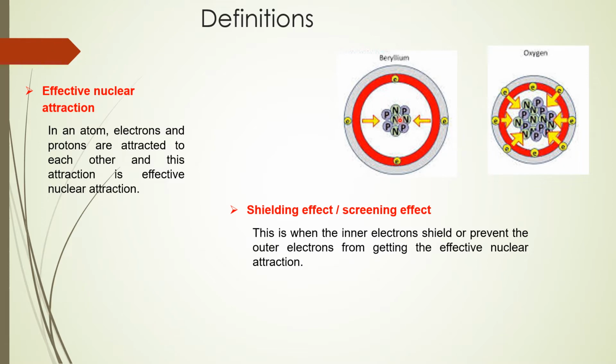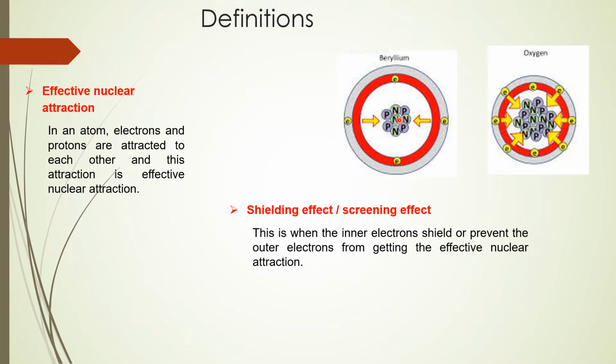As we look at the periodic trend down the group, we will notice that there is an addition of a new shell. Unlike the periodic trend going across, where we didn't see a new shell and electrons were added in the same shell, when we go down the group, the electrons are added in a new shell.